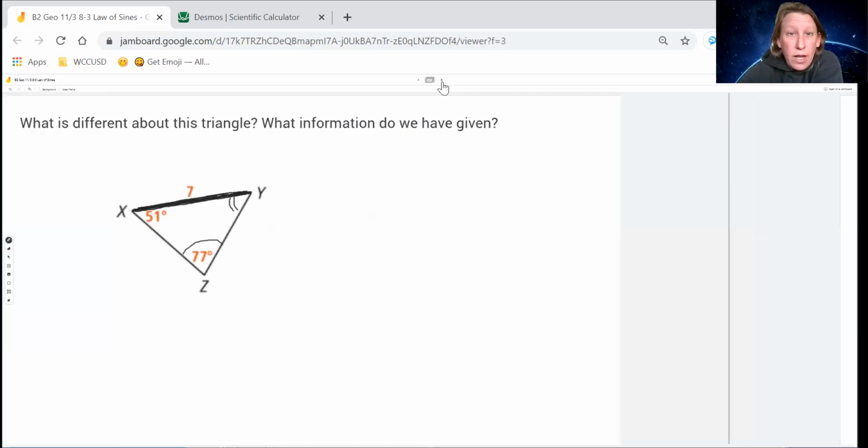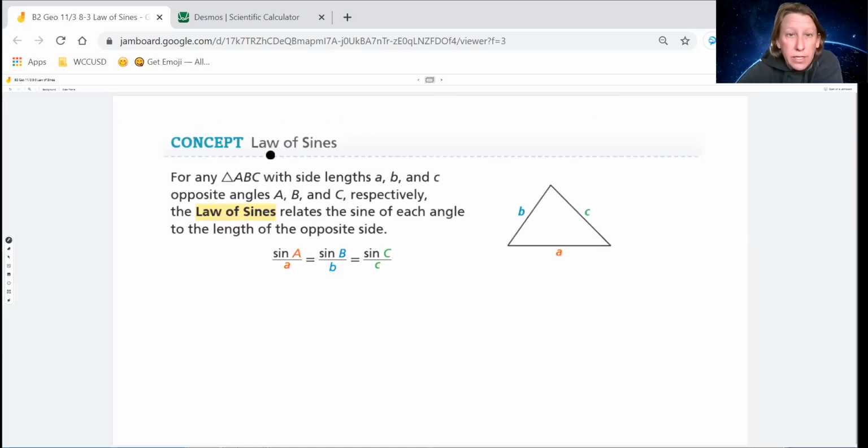So let's look at how we do this. This is called the law of sines. It's a formula. And if you practice it and use it, you'll get better at it. If you just watch me do a bunch of problems, you won't get better at it, but it might be interesting. And it says that there is a strong relationship between the size of this angle and how big this side length is.